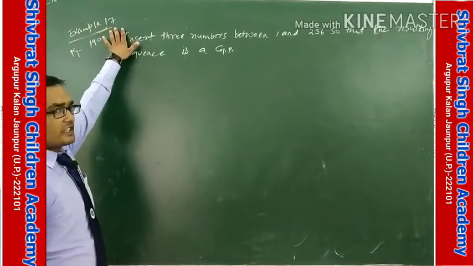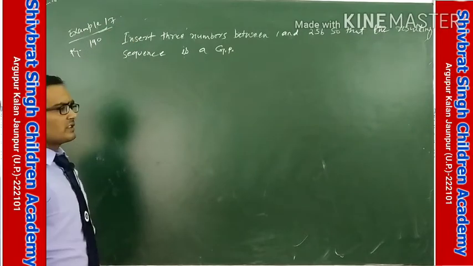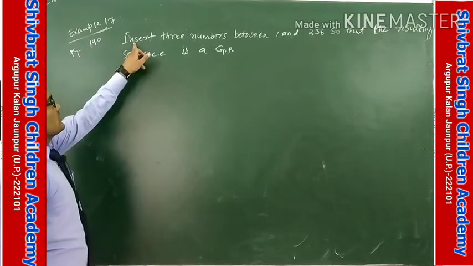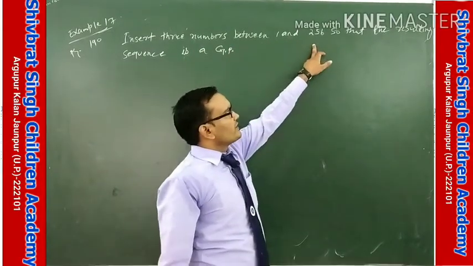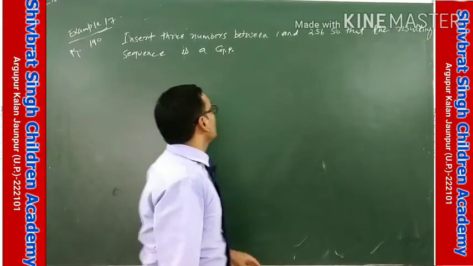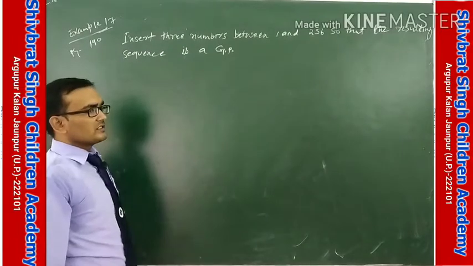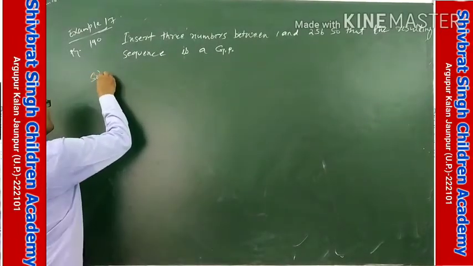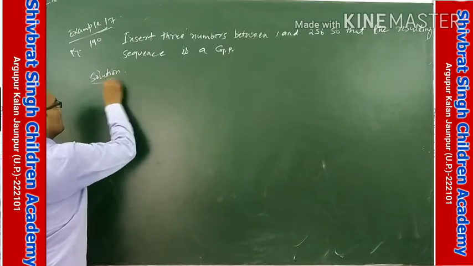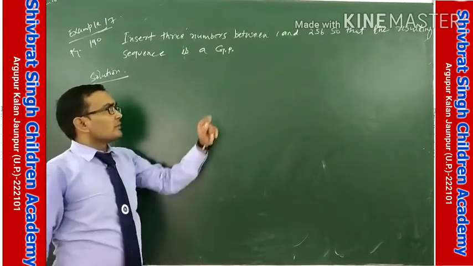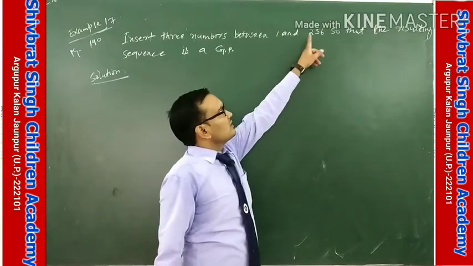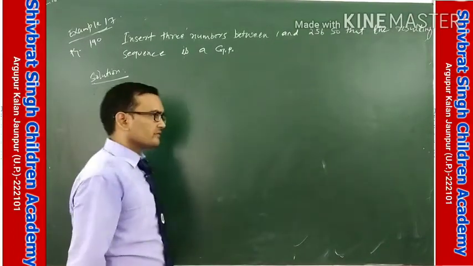Example 17, page number 190. Insert three numbers between 1 and 256 so that the resulting sequence is GP. Solution. That means we can insert three geometric means between 1 and 256.